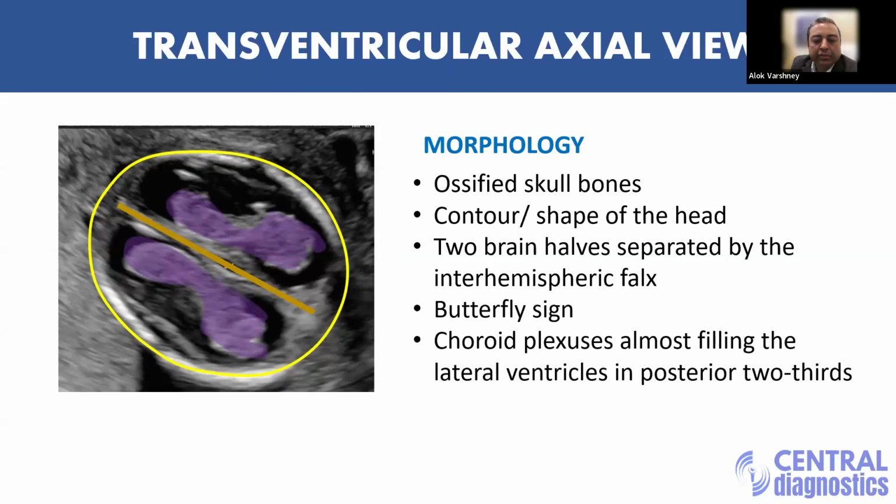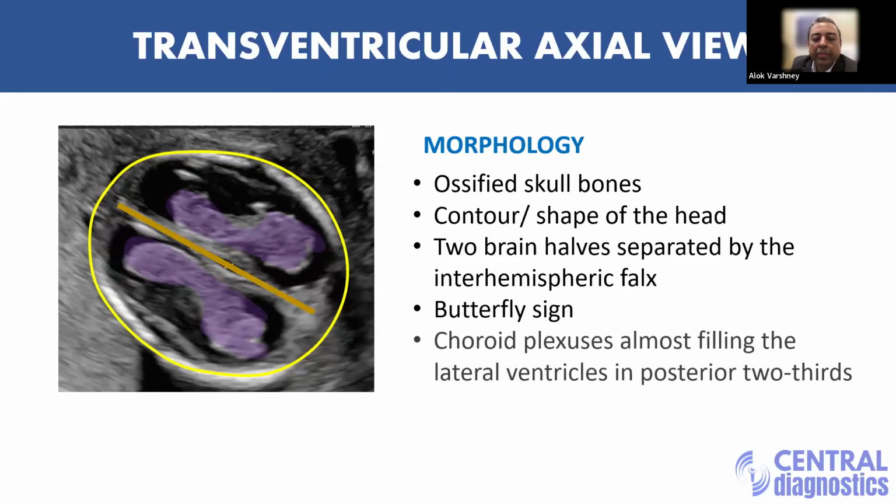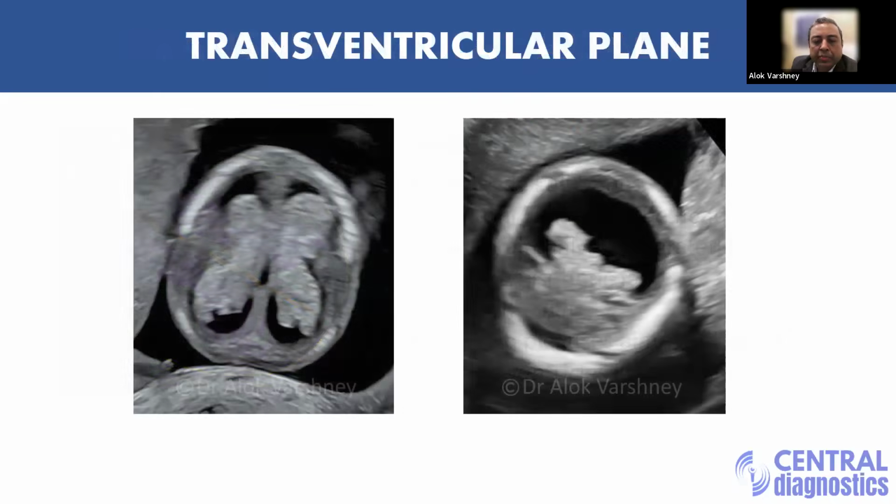And we see this butterfly sign because we have the two choroid plexuses, which appear like a butterfly on the sides of the falx. And the choroid plexuses fill the lateral ventricles in the posterior two-thirds. Anteriorly, there can be some space in the frontal region, but posteriorly and on lateral aspects, there is usually not much space around the choroid plexuses.